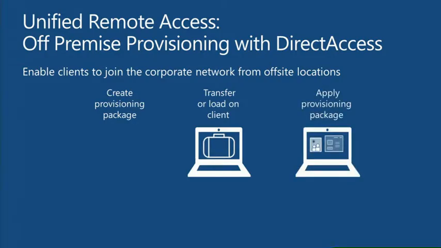I reboot, applying that provisioning package. Once my machine comes back up, it's fully domain joined, and it has all the DirectAccess policies. I just log in using my AD creds, my domain credentials, and I'm set, right? So I went from being completely without any form of machine to getting a fully functional enterprise-connected machine without ever having to step into the corporate network.